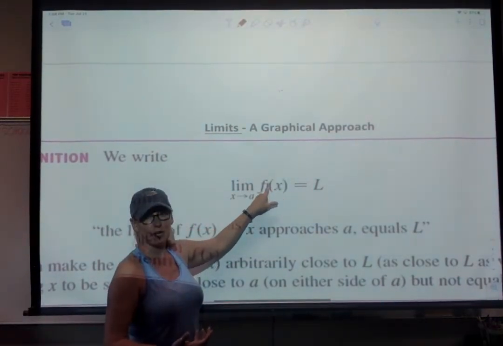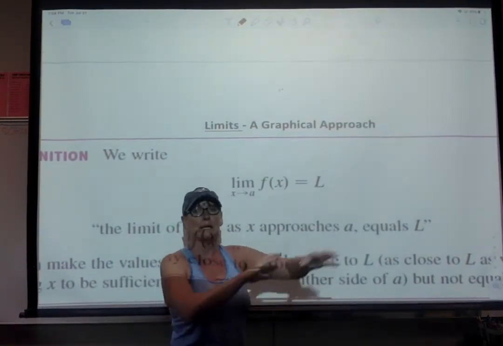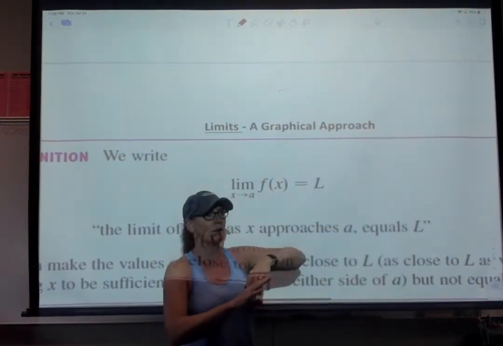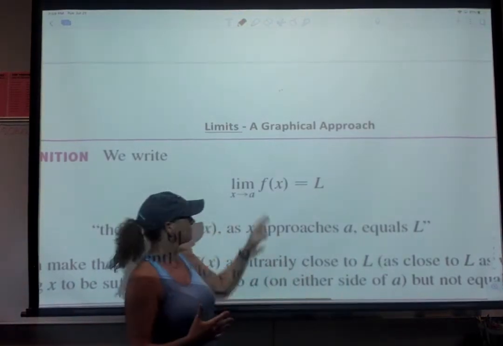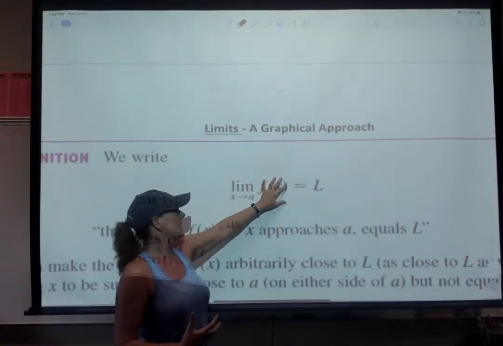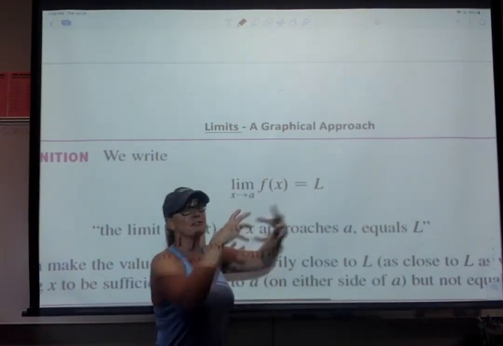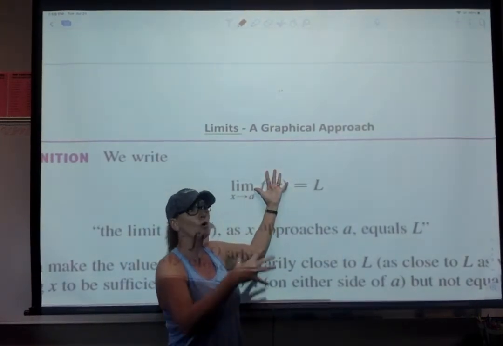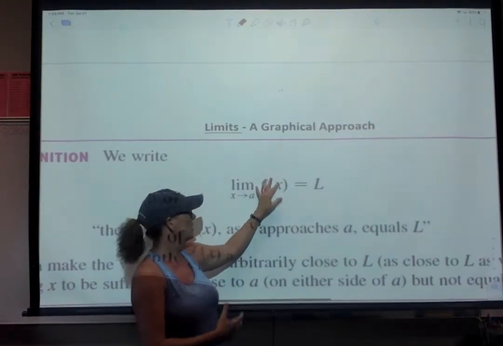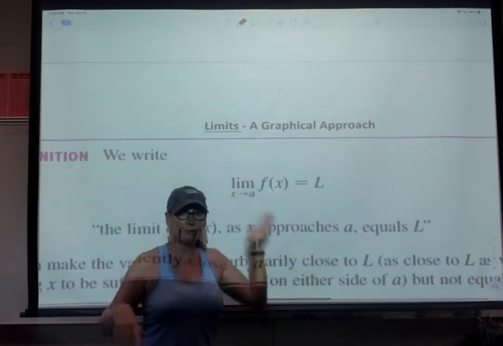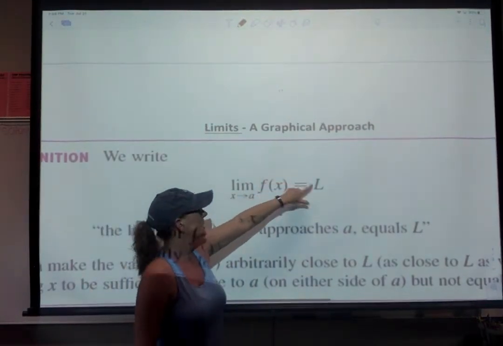If my function f were to represent some big, huge quadratic or quartic or something really messy, I really wouldn't want to write that over and over again right here. Fortunately, we can just call it by name. So we can either write the function that we're taking the limit of, or we can write its name, either one. But we have to put something there. Otherwise, we're doing the limit as x approaches a of who knows what. No, we're going to have a function here, and then our answer goes over there.